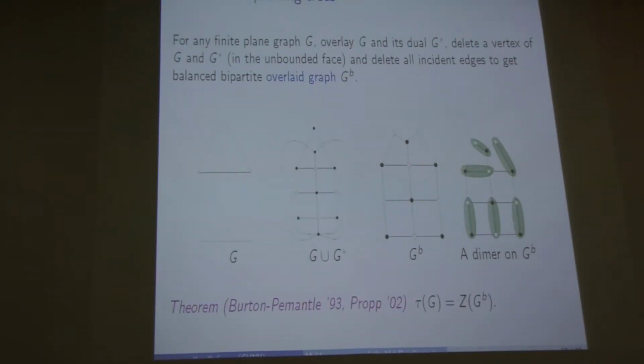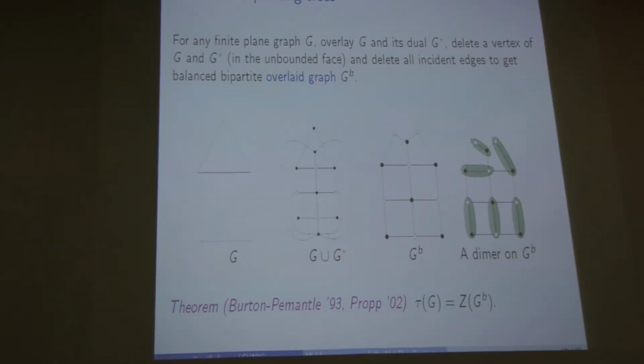So there's a connection between the dimers and the spanning trees, and it's a generalization of the Temperley bijection. You take a graph G, take the dual graph G star, overlay them, and then delete one vertex of G and one vertex of G star, and you get a balanced bipartite planar graph.